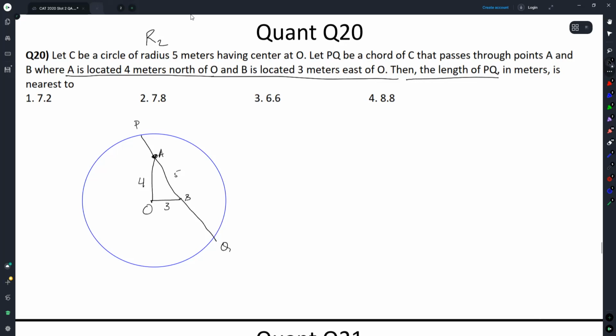Similar triangles or special triangles. There is a special right angle triangle here or circles. Drawing radius is okay. I can drop a perpendicular from here. This will be 2.4.